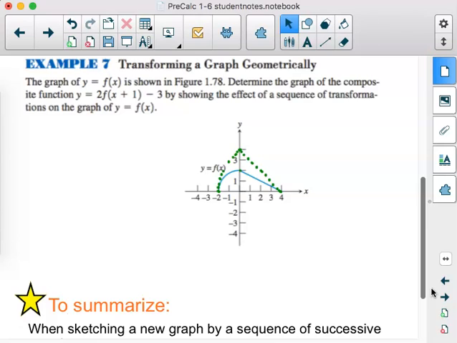Now, that was the first transformation that took place as I read this from left to right. So far I'm right here. The next thing that I have to do is shift this, translate this 1 unit to the left. So all of my points are going to move visually 1 to the left. And finally, the entire graph needs to be moved down by 3.